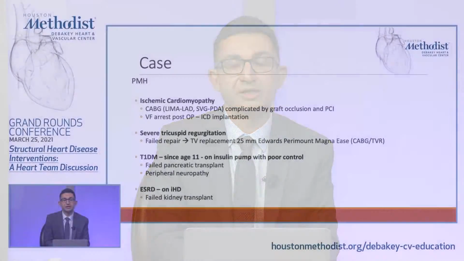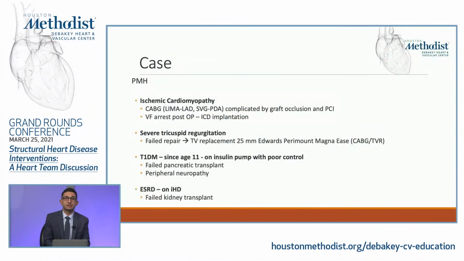She had severe tricuspid regurgitation, which was diagnosed pre-CABG, and the initial plan was to have the valve repaired. However, the leaflets were very restricted and frozen, and so she subsequently underwent a tricuspid valve replacement with a 25 millimeter Edwards Perimount Magna-Ease.